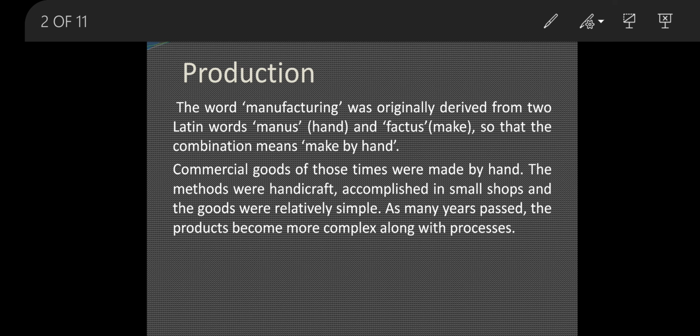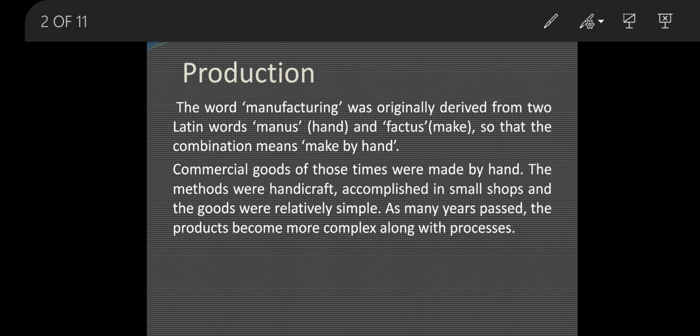Before some decades, the goods were manufactured by hand. Whatever goods were manufactured by hand, that process of manufacturing was called the production process.